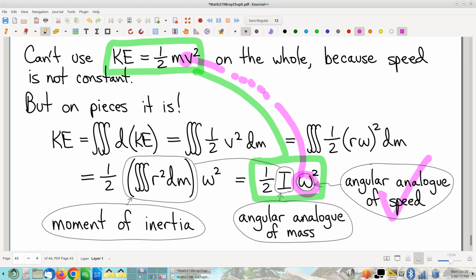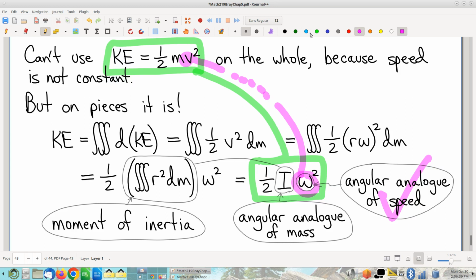And now we observe, okay, we have this formula up here, 1/2 of stuff times something squared. Down here, 1/2 of stuff times something squared. Structurally, these formulas are really, really similar. This thing here is an angular analog of that thing there that's in the same place in the structure of the formula.